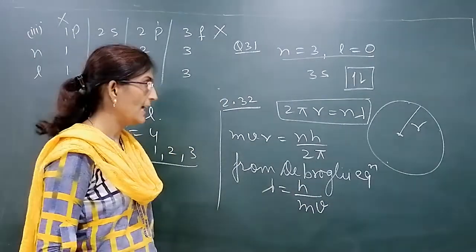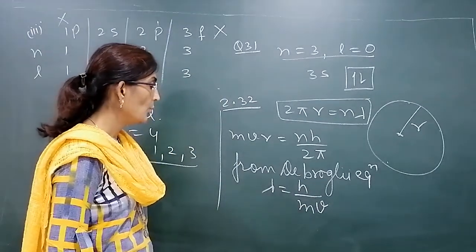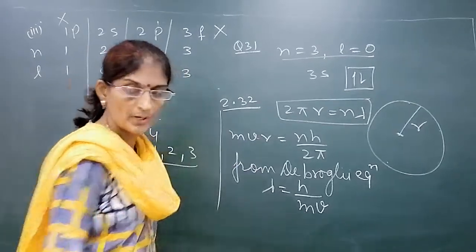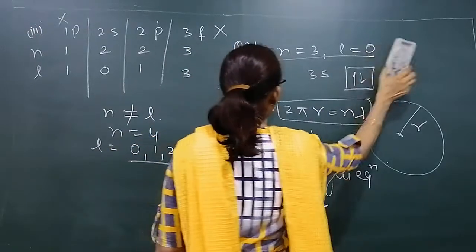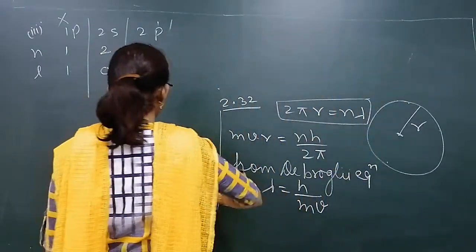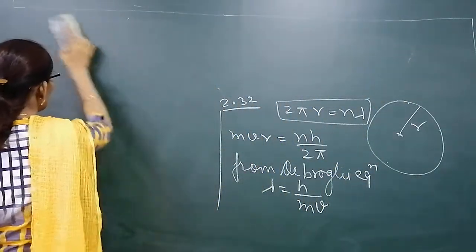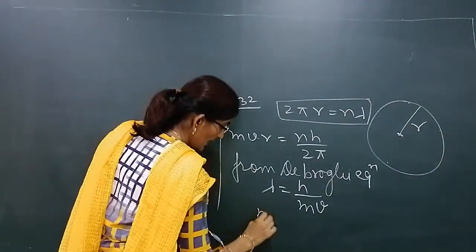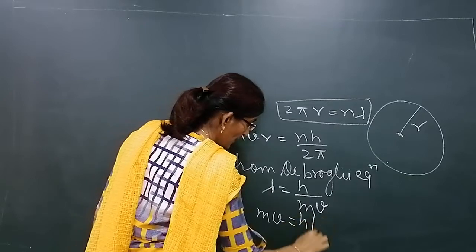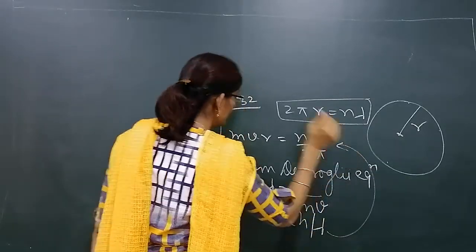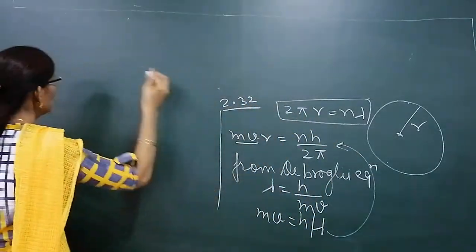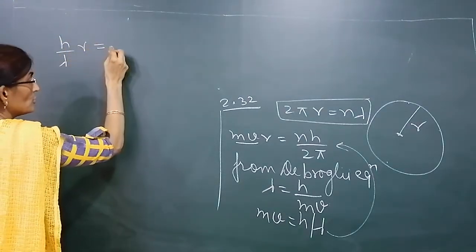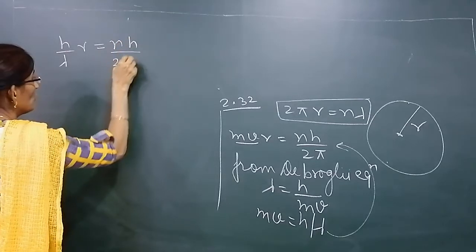Put the value of mv from the second equation in the first. What is the value of mv? mv would be h upon lambda. Instead of mv, put h upon lambda. So h by lambda into r is equal to nh upon 2 pi.